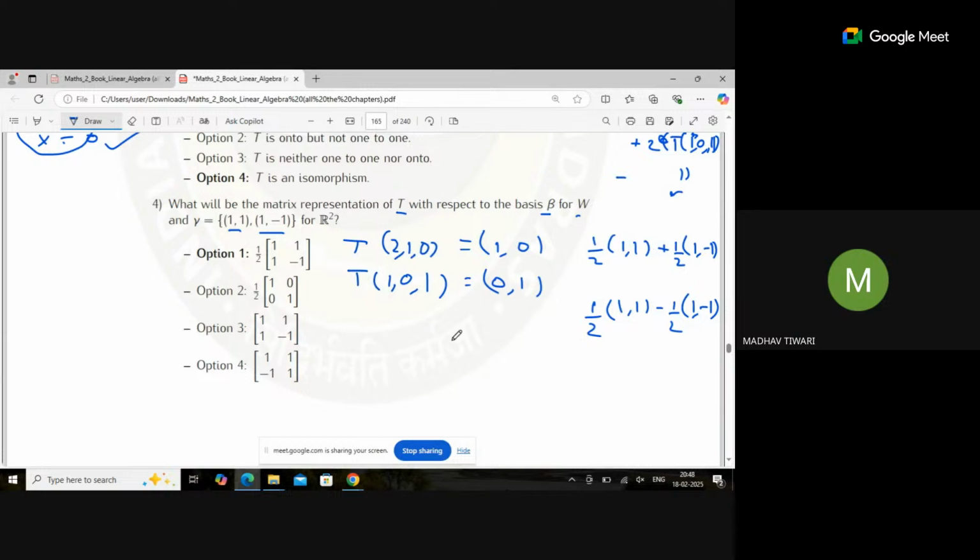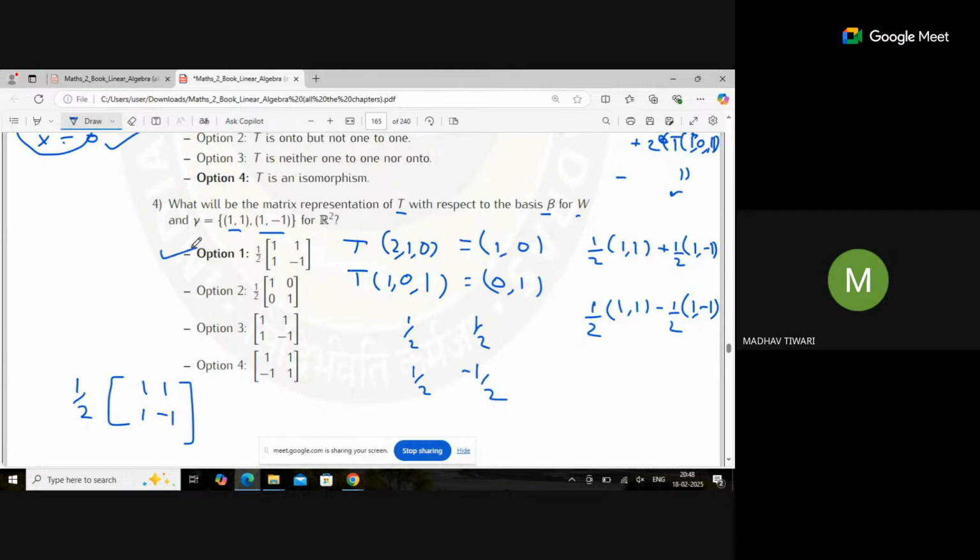Now if I represent it as a matrix, I get 1 by 2, 1 by 2, and here 1 by 2, minus 1 by 2. I can take 1 by 2 out of the matrix, so I write 1 by 2 outside and 1, 1, 1, minus 1 like this. So this is the option.